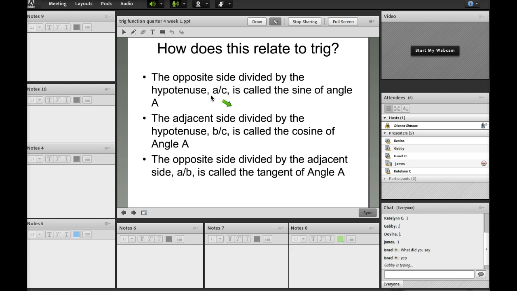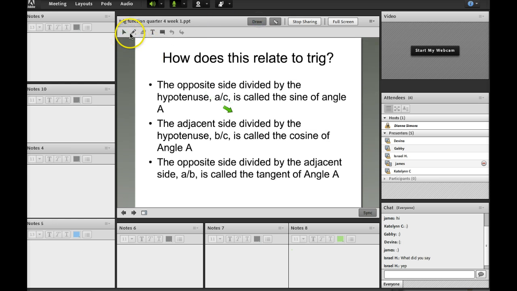So if you go back, I don't know if I can draw it or not. Let me see if I can. So here's my right triangle. It's kind of a poor drawing, but that's okay.